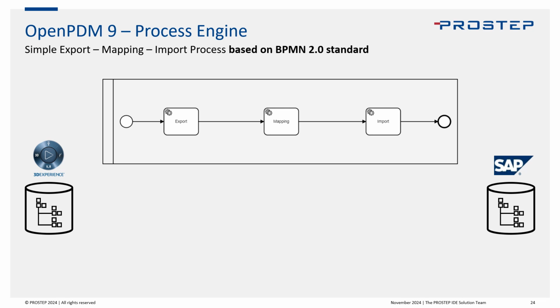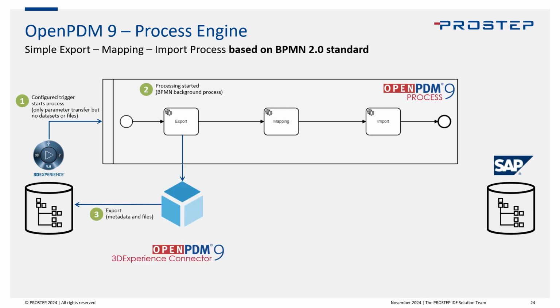So with the process engine within OpenPDM, and this is a BPMN compliant workflow engine based on Camunda that's bundled within the OpenPDM process server, we can then have a trigger that starts this process. So in 3D experience, maybe that's a change action that's released that can then go in the middle of OpenPDM, instantiate that process that then works through that workflow in order to export the data.